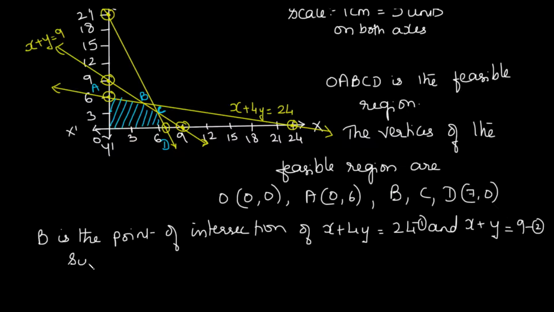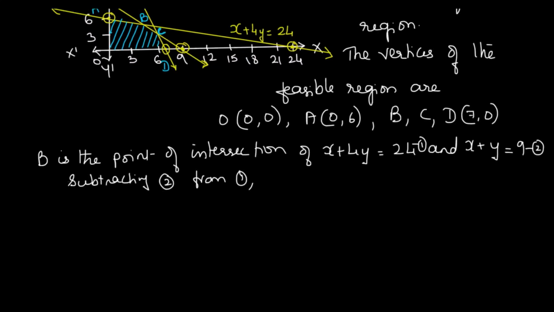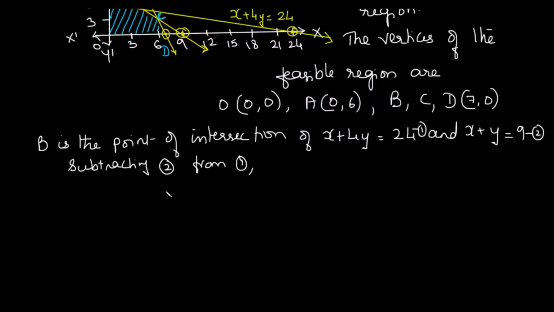So subtracting 2 from 1: x minus x goes away, and 4y minus y we get 3y. So we have 3y is equal to 24 minus 9, which comes out as 15. Therefore y is equal to 5.